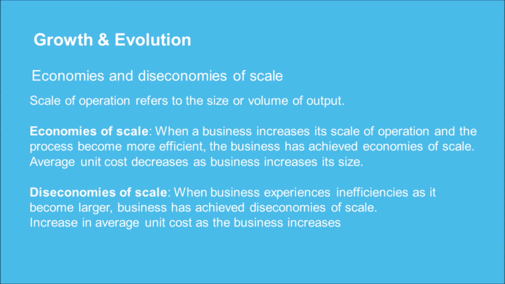Average unit cost decreases as the business increases its size. Diseconomies of scale: when a business experiences inefficiencies as it becomes larger, the business has achieved diseconomies of scale. This is an increase in average unit cost as the business increases.